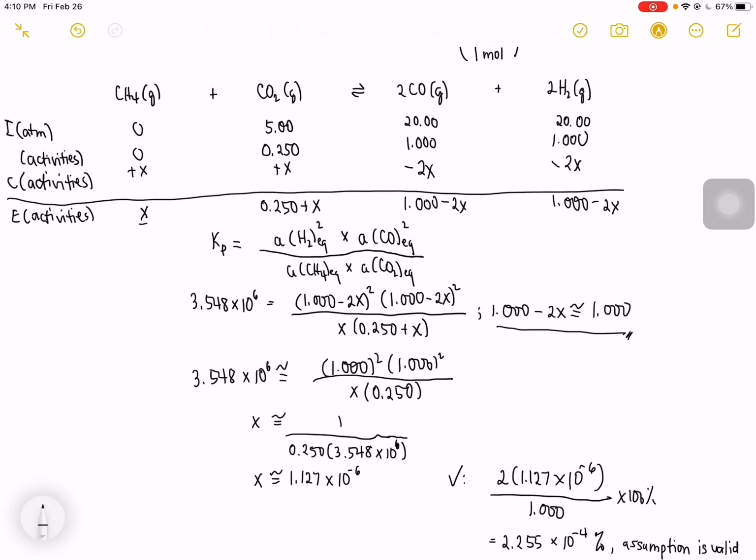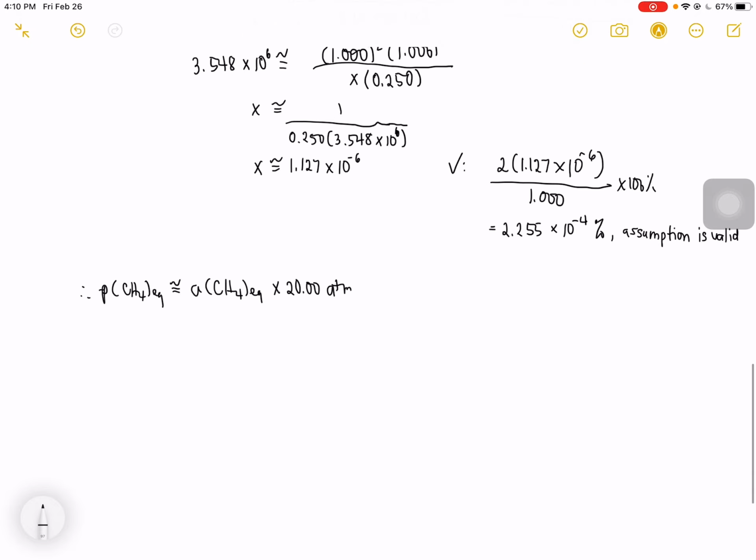So substituting it here, the equilibrium activity is x times 20 atmospheres. And substituting the value that we have computed earlier, the partial pressure should then be equal to the following.